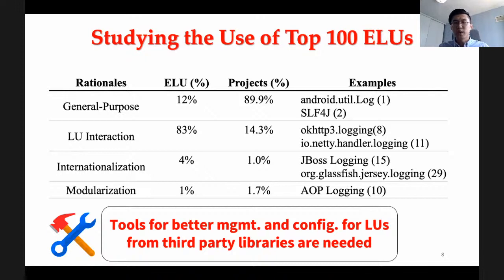So you interact with the API provided by them. But modularization is more about the way of organizing logging code. For example, in aspect-oriented programming, you set up a central aspect file where you put all the logging code, and define rules, like whenever a method foo or method bar occurs, it will invoke the log messages. So these two are different concepts.